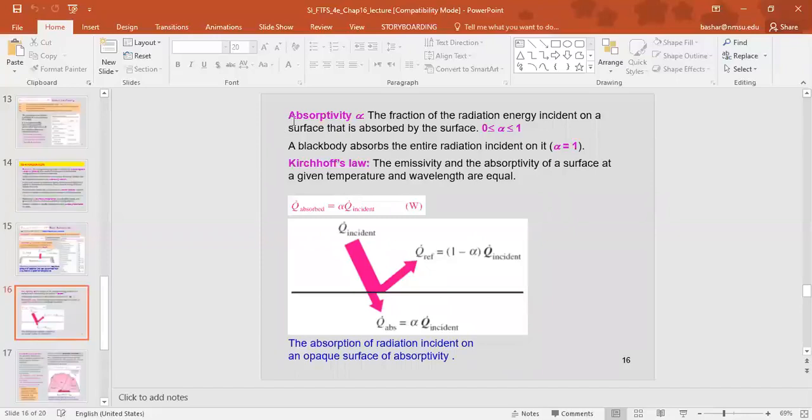The absorptivity is another parameter. It represents the fraction of the radiation energy incident on the surface that is absorbed.